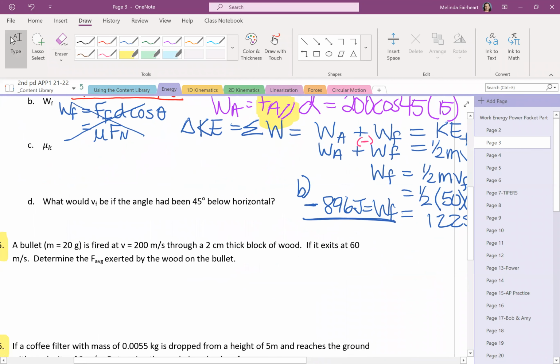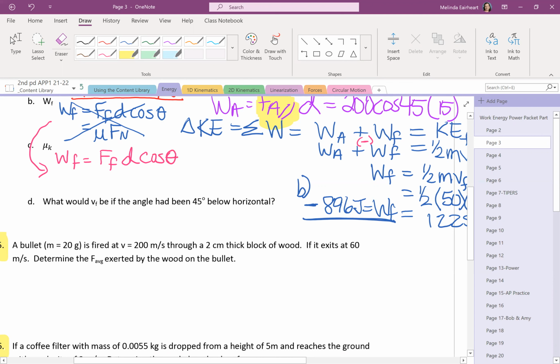Part C. Now we know the work done by friction. They want the mu, the coefficient of kinetic friction. So how are we going to solve for it? Mu Fn. So the part that didn't work earlier, we can bring down. And so don't just think force. We just found the work. So I'm going to use the work of friction equals the force of friction times the distance. And then it looks like we had tried the cosine theta, so I'll just bring it down.